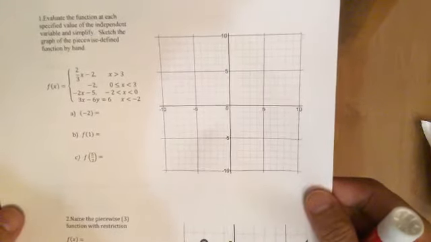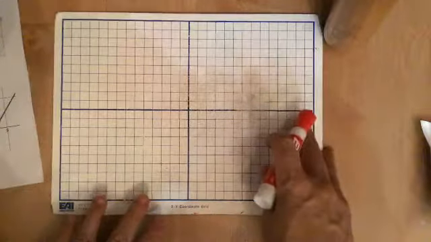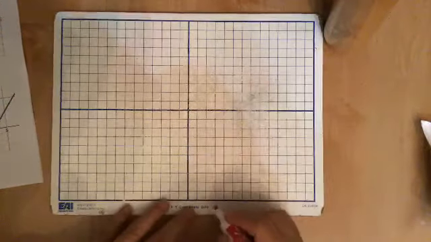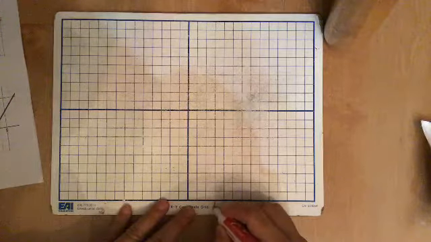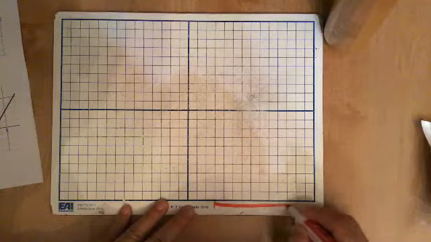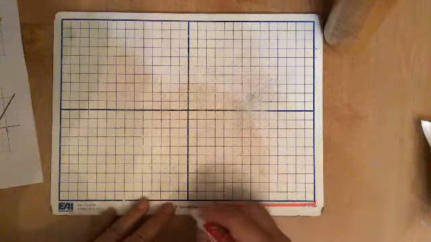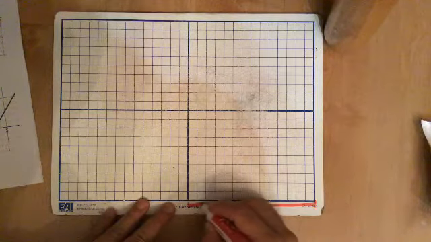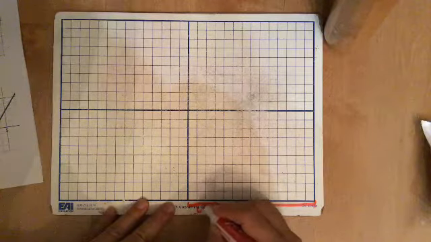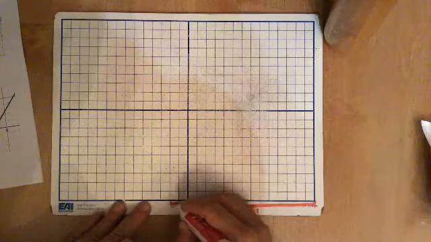We're going to start with x greater than 3, going from here to here. This is line 1. From here to here is line 2. From here to here is line 3.